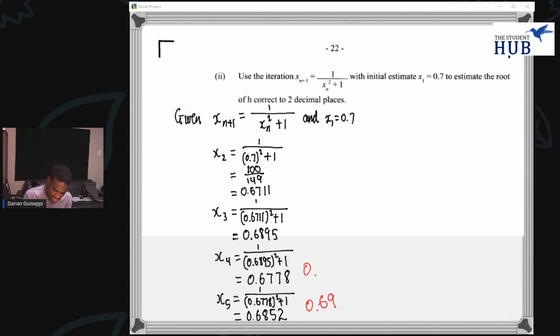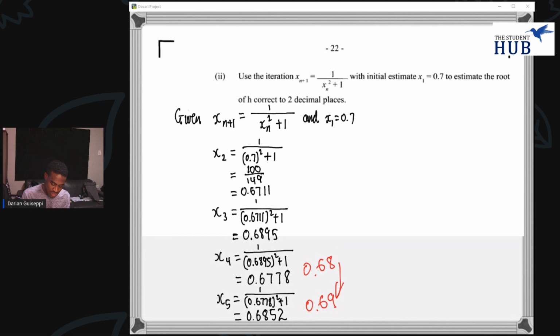This though is 0.68. So they're not the same either, right? The consecutive terms need to be approximated to the degree of accuracy indicated by the question, which is two decimal places. It's not the same. So we have to move on.